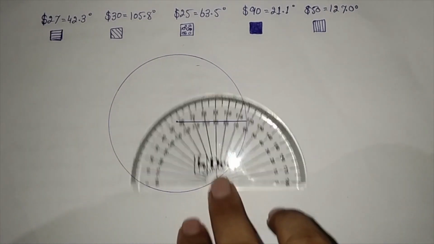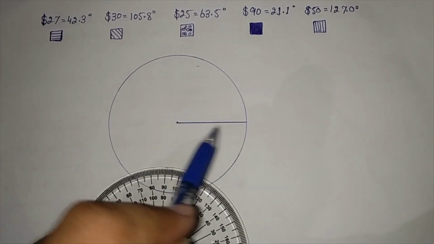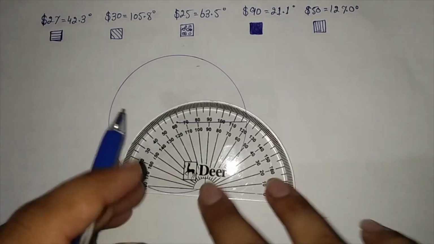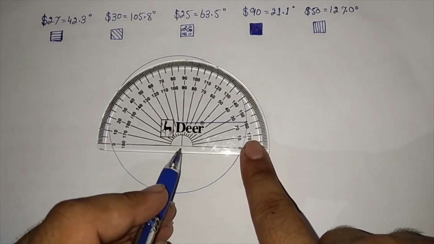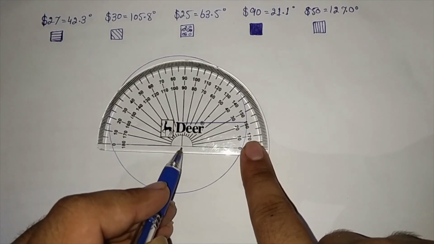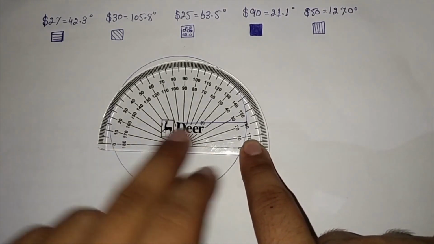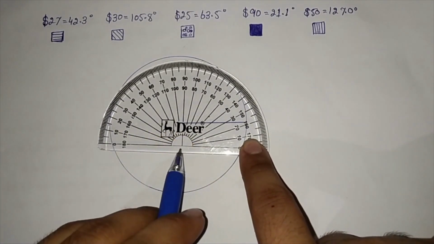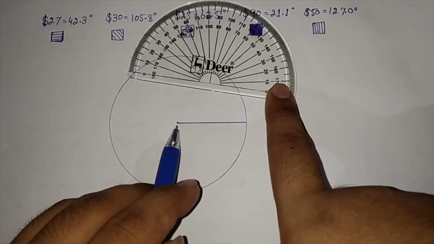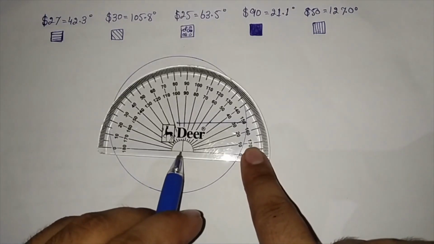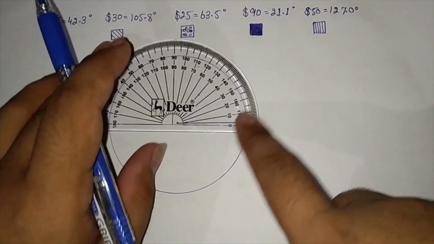Okay, so let's start. I have drawn here, this is the center. First of all, I will put this point, which is the center of this protractor, on the center of the circle.